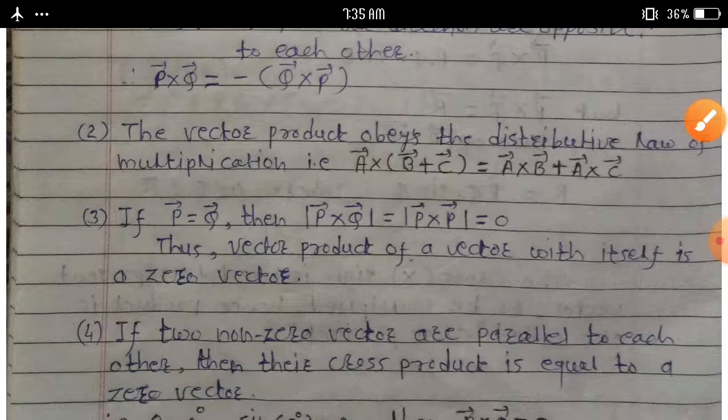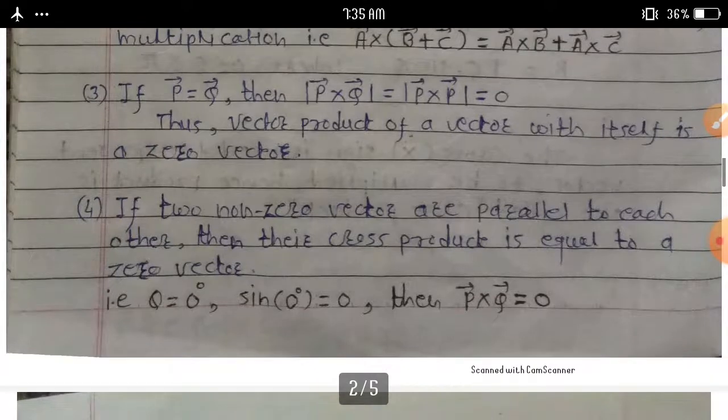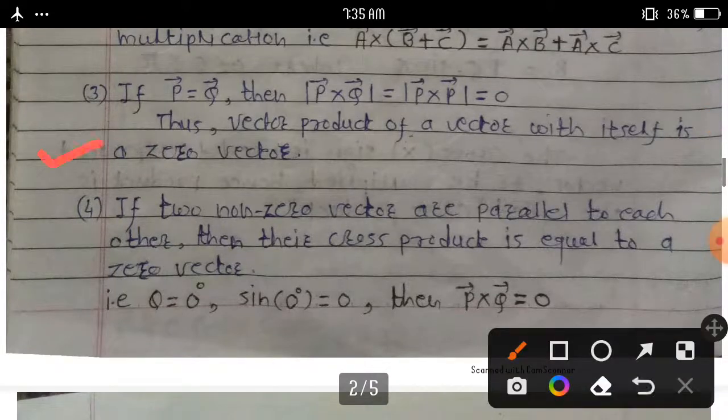Then third characteristic, if p bar is equal to q bar, then the mod of p bar cross q bar, taking q bar equal to p bar, we can write the mod of p bar cross p bar is equal to 0.